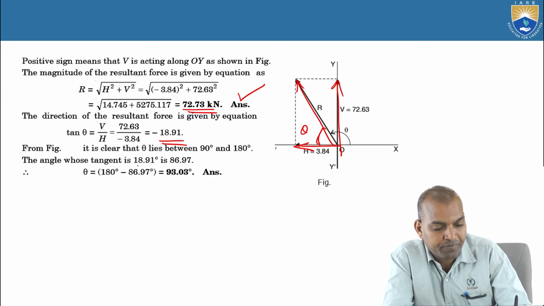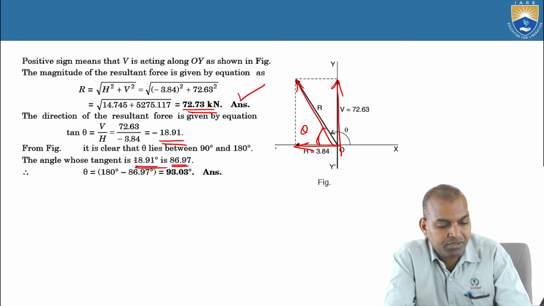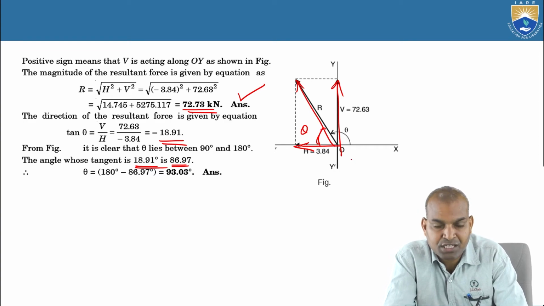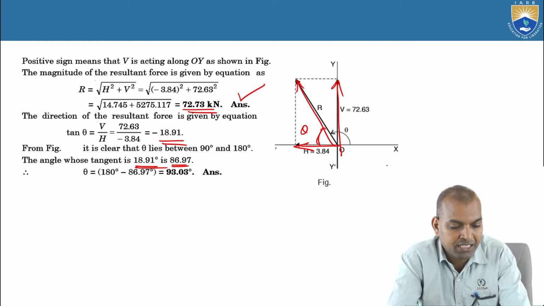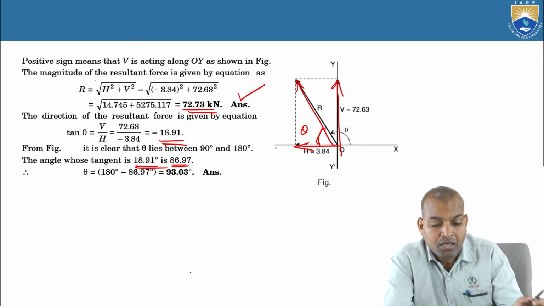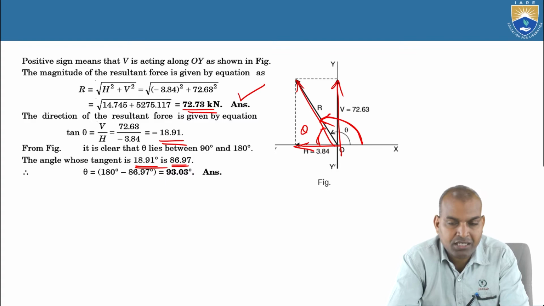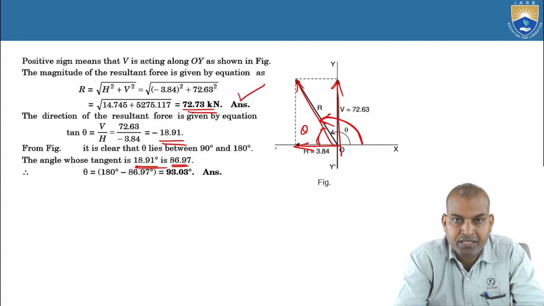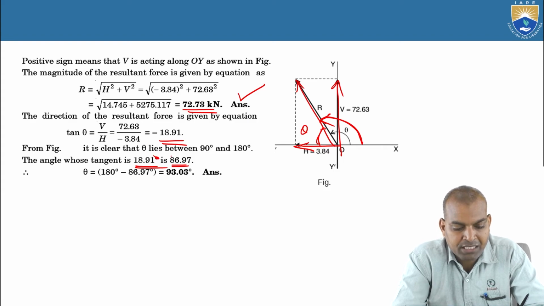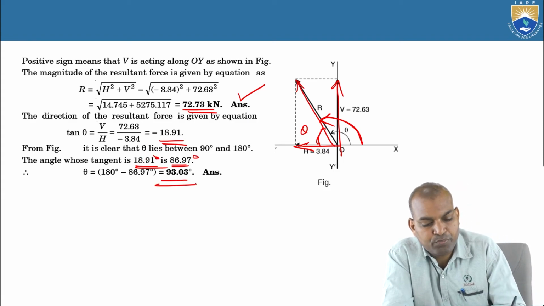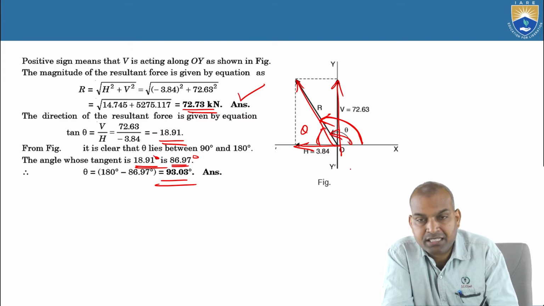With this angle it is making 90 minus 18.91, that is 86.97. Now with respect to the horizontal x-axis, that is 180 minus 86.97. How much is 180 minus 86.97? That is 93.03 with this x-axis.